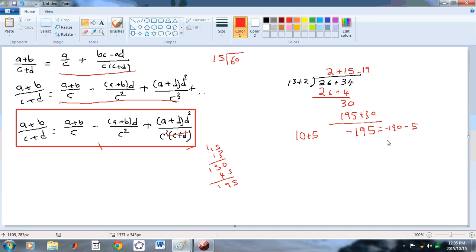And then that will give me minus 190, and 19 times 5 will give me what? Will give me minus 95, right? Minus 95, okay? And if I subtract these, I'm going to get 90, right? And how many times does 15 go into 90? Well, that shouldn't be too hard. Can we do that? 15 goes into 90.